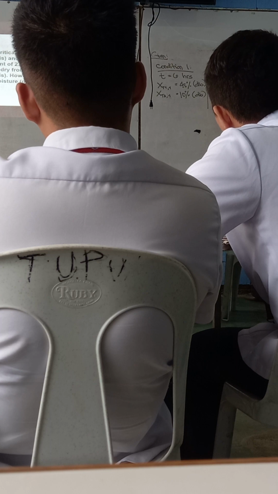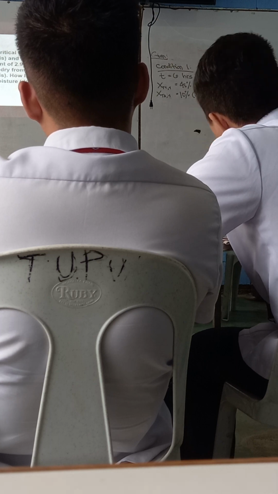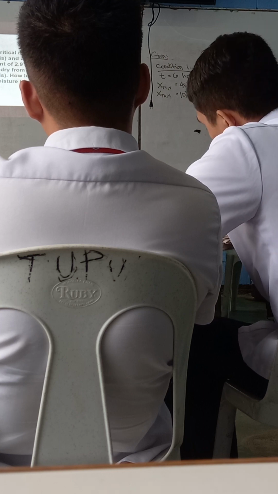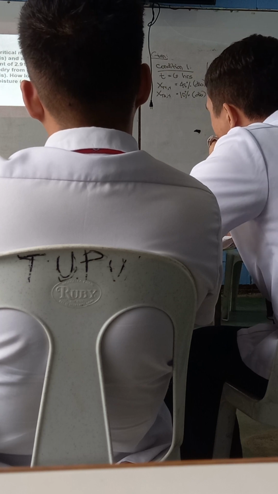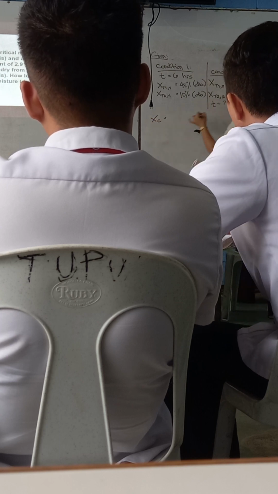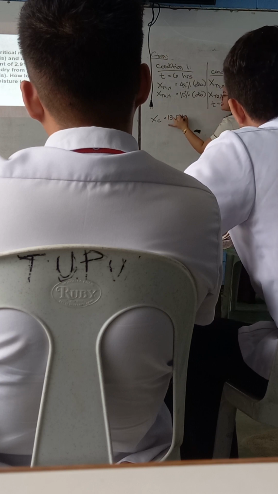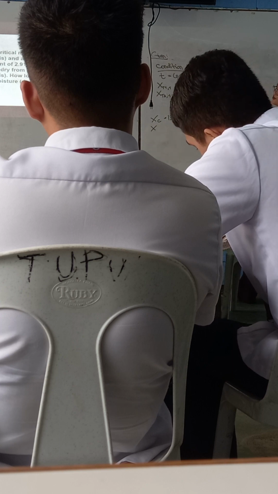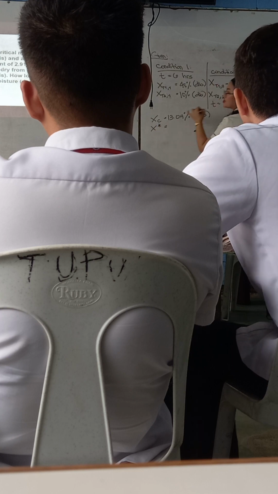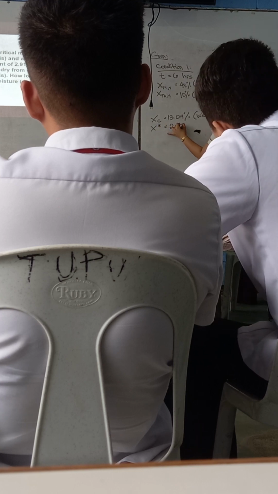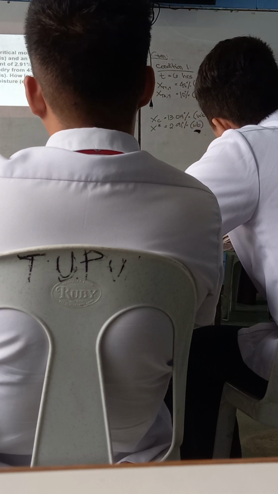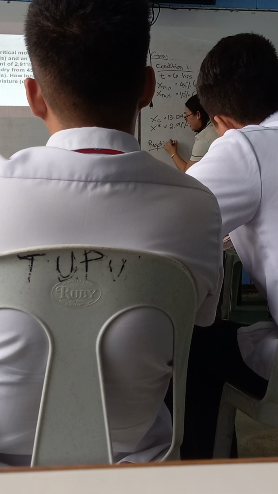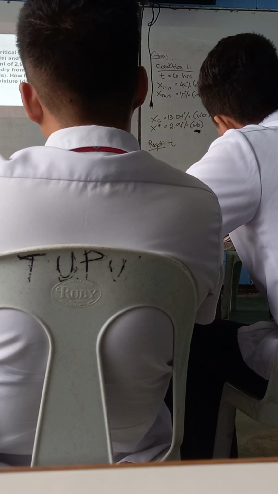The target final moisture is 15% dry basis, and the question is the time. The critical moisture content is given, that's 13.04% wet basis. The equilibrium moisture content is equal to 2.91%, also in wet basis. We are to solve for the total drying time.